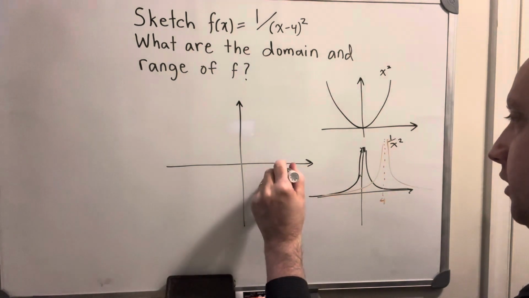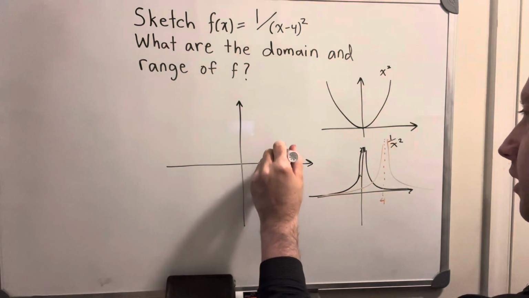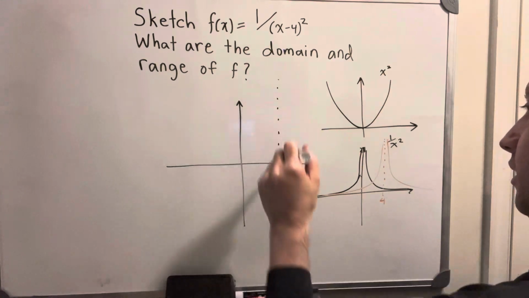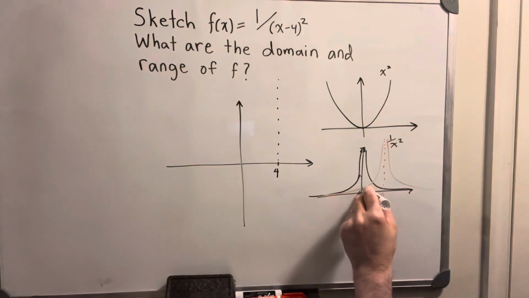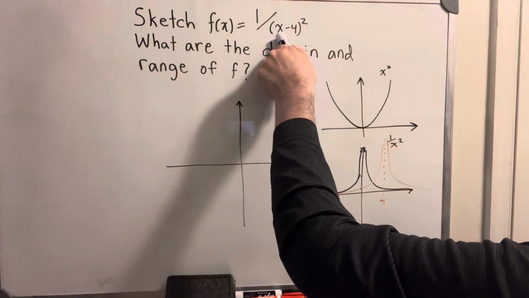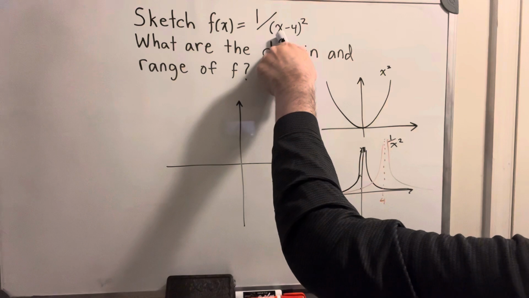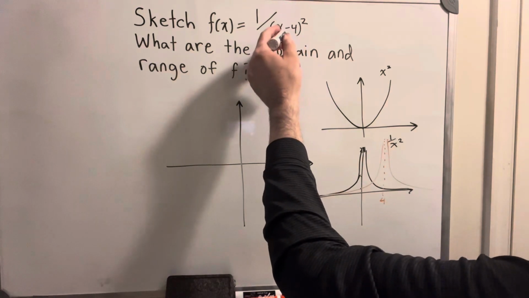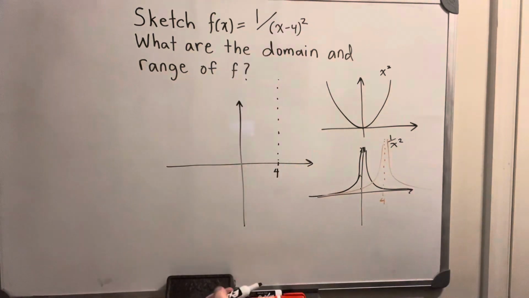So the function at this point right here, what is it when x is equal to 0? Let's plug x equals 0 right here. 0 minus 4 is negative 4.